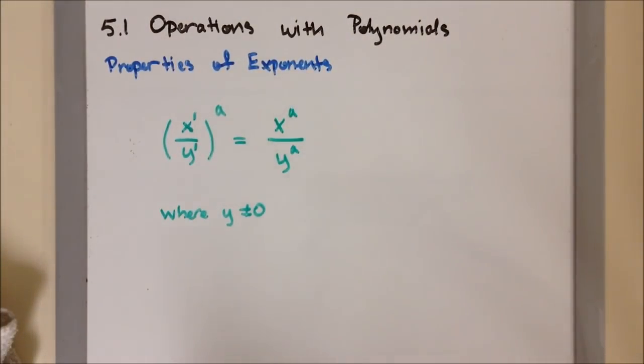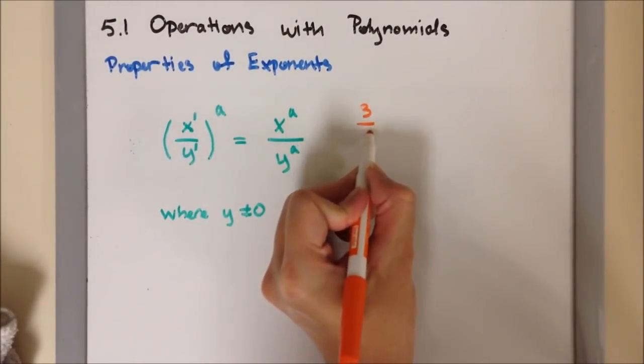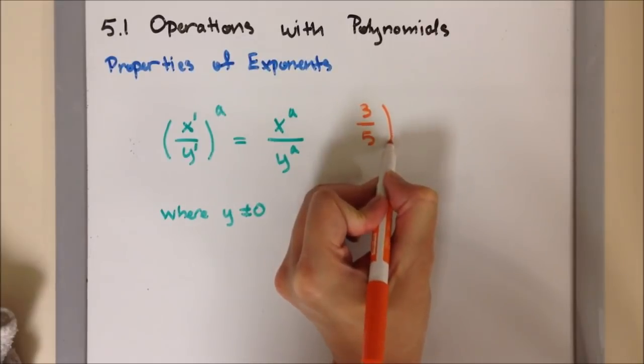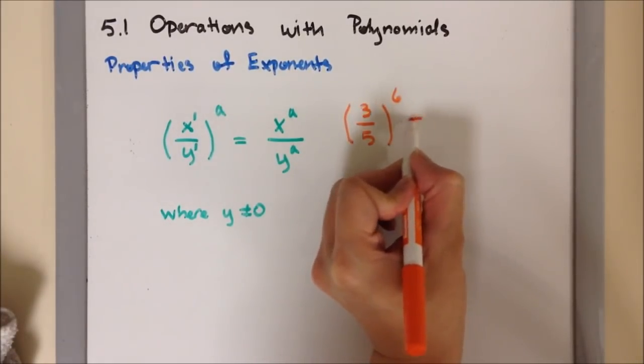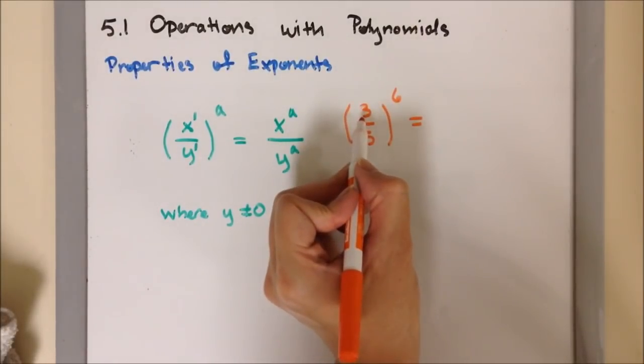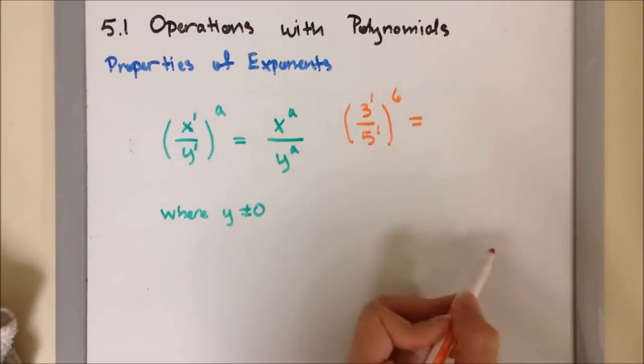Alright, let's do some simple examples. Say that we have 3 to the 5th being raised to the 6th power. Now remember, 3 has an invisible 1 exponent, and the 5 has an invisible 1 exponent.